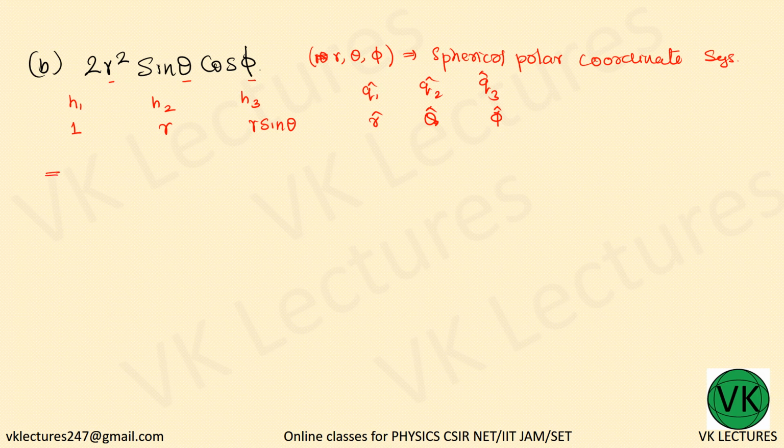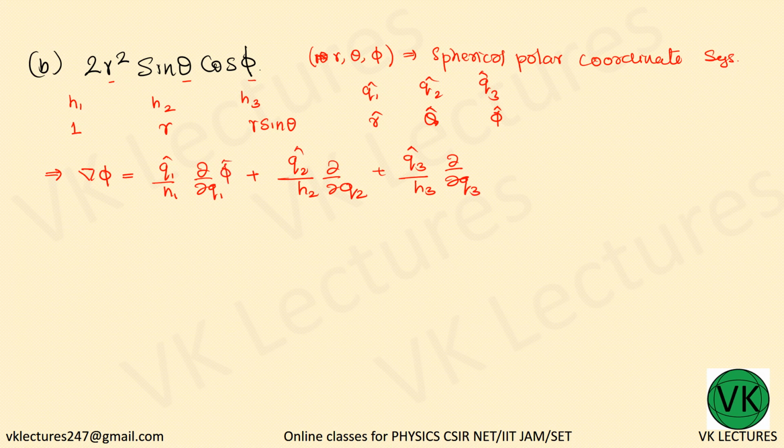So what is del phi now? Del phi is equal to q1 cap by h1 dou by dou q1 plus q2 cap by h2 dou by dou q2 plus q3 cap by h3 dou by dou q3. This is phi, sorry, this is not vector phi.